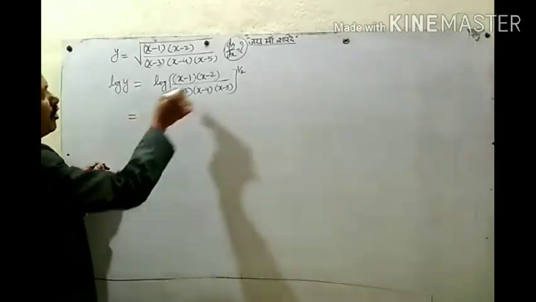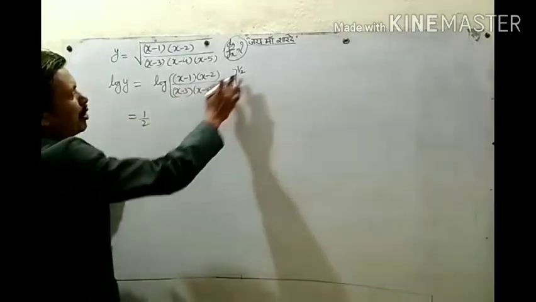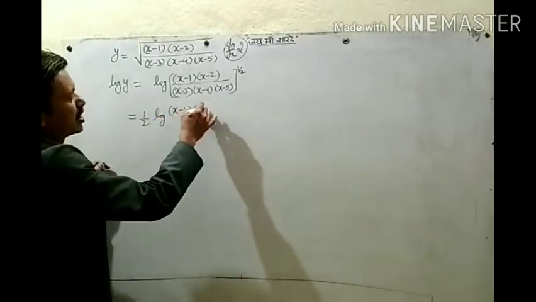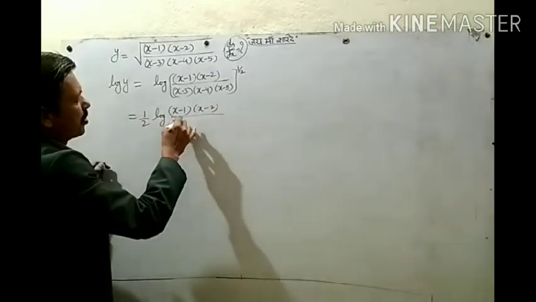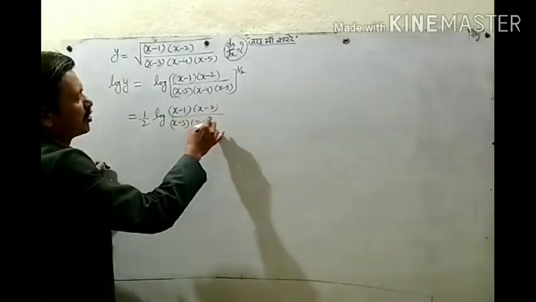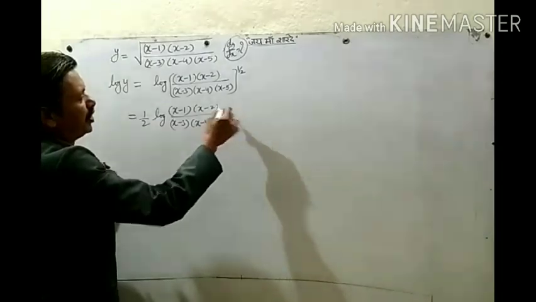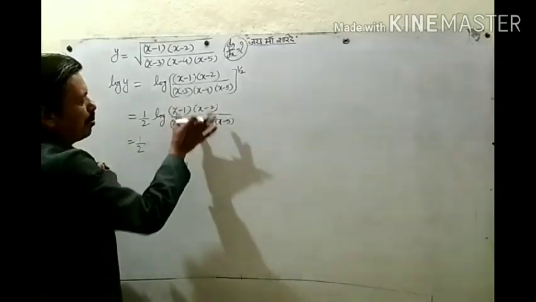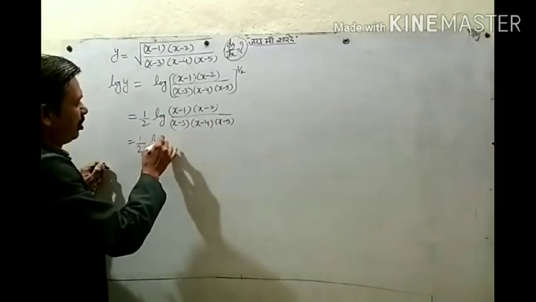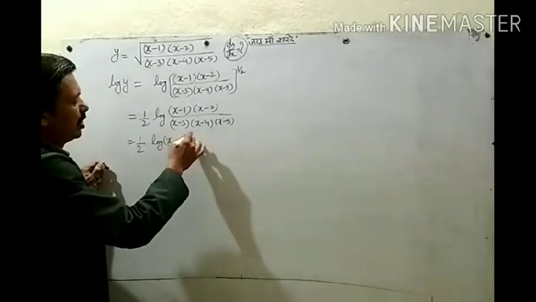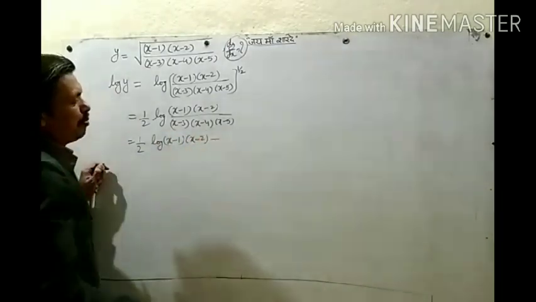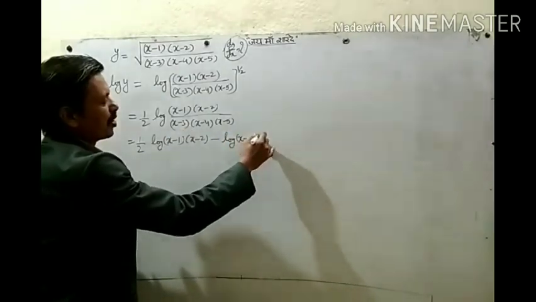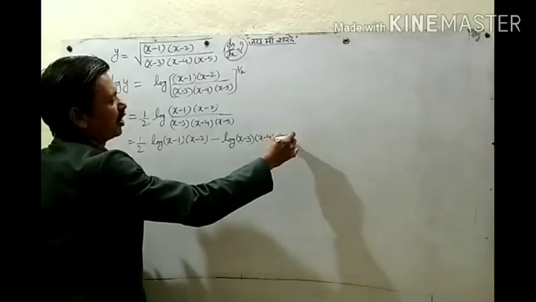Now applying the property of log, log of m to the power n will be n into log of m, that is half log of (x minus 1) into (x minus 2) upon (x minus 3) into (x minus 4) into (x minus 5). Okay, again applying the property of log, log of m upon n will be log of m, that is (x minus 1) into (x minus 2), minus log of n, that is (x minus 3) into (x minus 4) into (x minus 5).